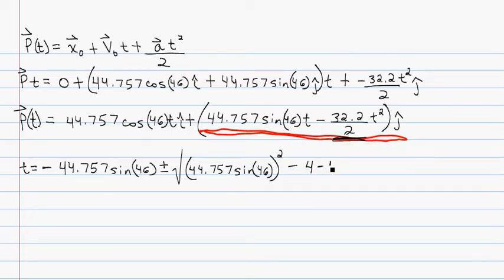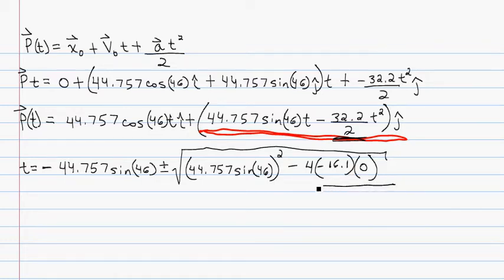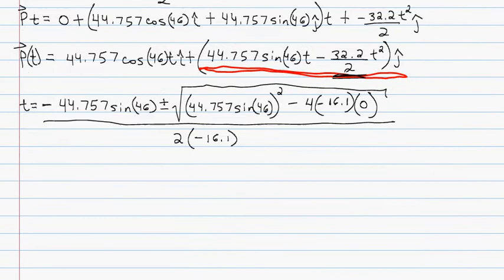That is negative 16.1 if you go ahead and divide that by 2, times the c. There is no c, so it's assumed to be 0. All of this divided by 2 times the a term, which would be negative 16.1. So let's go ahead and just work this out the long way.